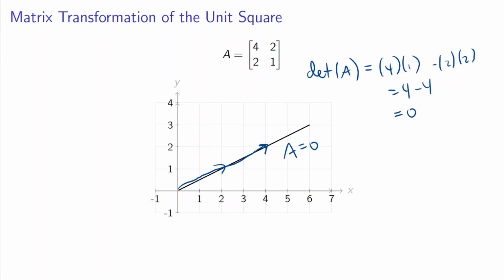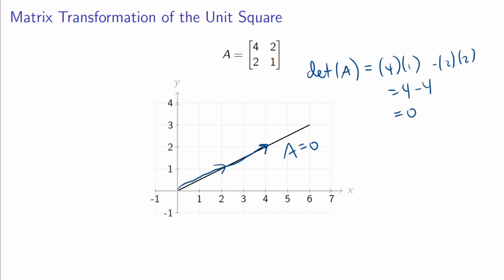So we see that the determinant being equal to 0 tells us that we're going to end up with, in 2 dimensions at least, this collapsing either onto a line, or in the worst case onto just the point 0, 0 under these matrix transformations. One thing I want to point out here is that the columns of this matrix are scalar multiples of each other.